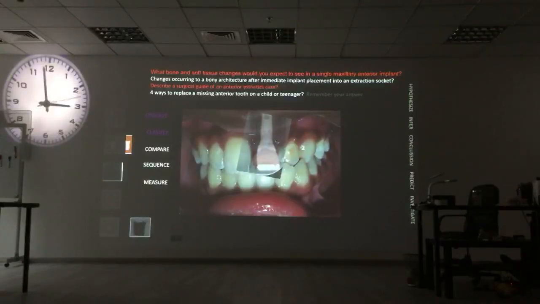The only thing you can avoid is if you have a gap between your implant and the bone, you fill it with some kind of bone. So when you lose that buccal bone, the resorption will come and stop at your augmented bone.